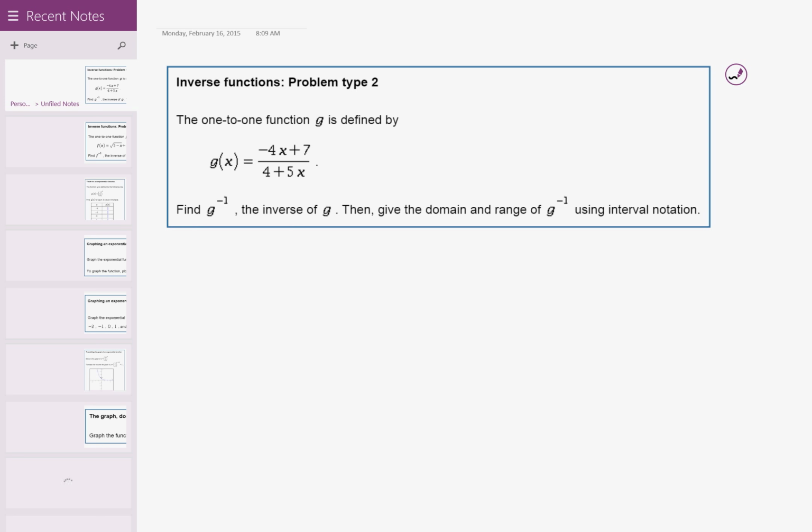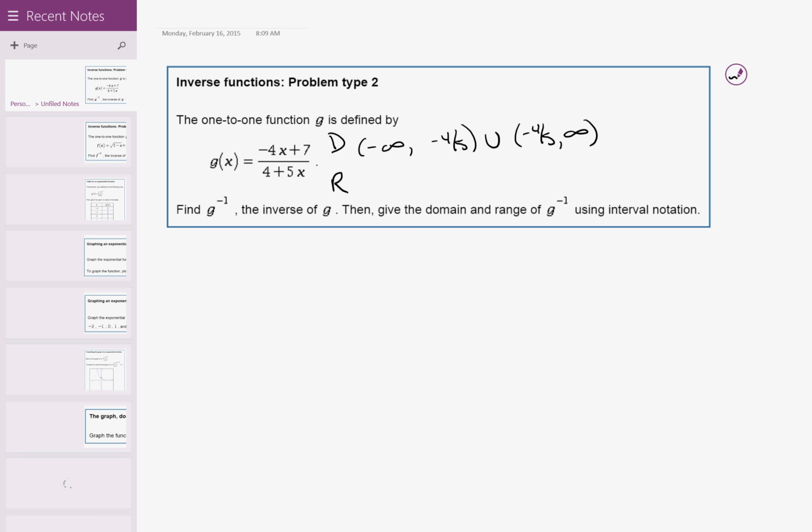Okay, for the domain of g, I have negative infinity to negative 4/5 union negative 4/5 to infinity. Right, this is the domain of g, because my denominator cannot be 0.